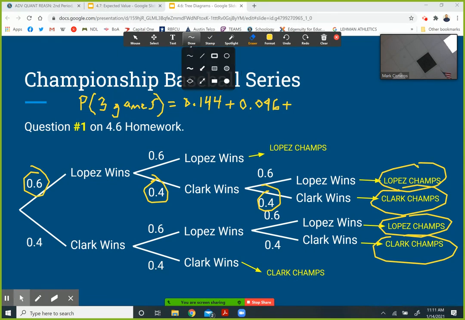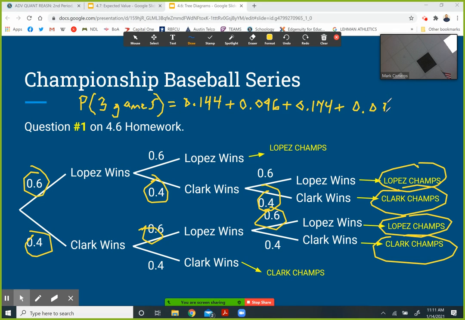Now I got to do 0.4 times 0.6 times 0.6. Isn't that the same as the first one? Yeah, so it's plus 0.144 again. And isn't the last one going to be the same as the second one? Yeah. So all I got to do is add all 4 of those together to get the answer to this question.